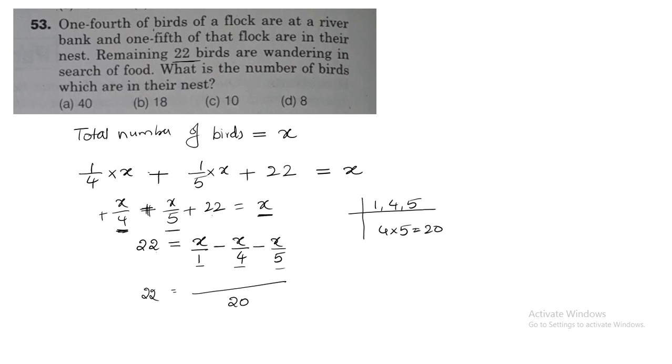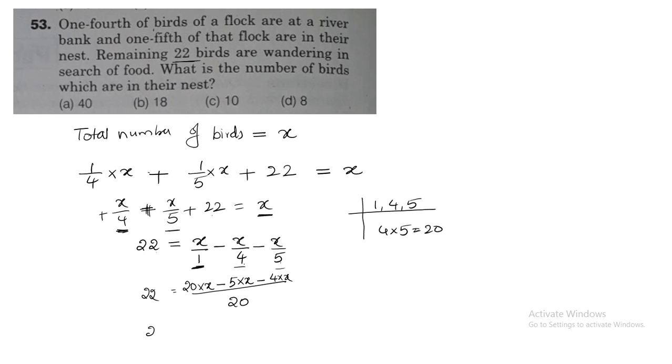Now in the 1 table, when will you get 20? You get 20 times. So this becomes 20 into x, minus, in the 4 table when will you get 20? You will get 5 times. So 5 into whatever is present in the numerator, minus, in the 5 table when will you get 20? 4 times. So 4 into x.